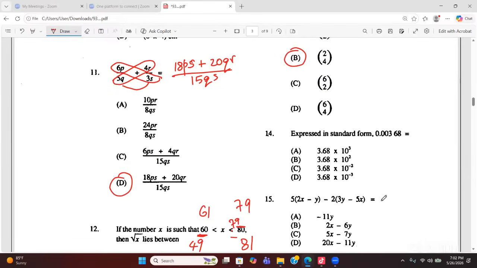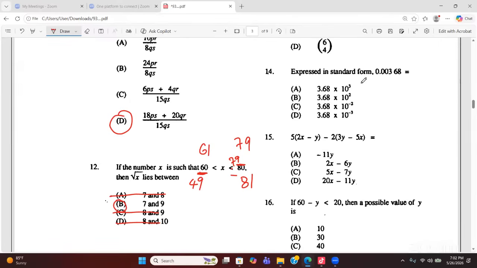Now, this says express this number in standard form. I'm going to write the number 0.0036 and an 8 in standard form. Remember, in standard form, your decimal point must come after the first non-zero digit, and you said times 10. So now we're going to figure out what that number is.